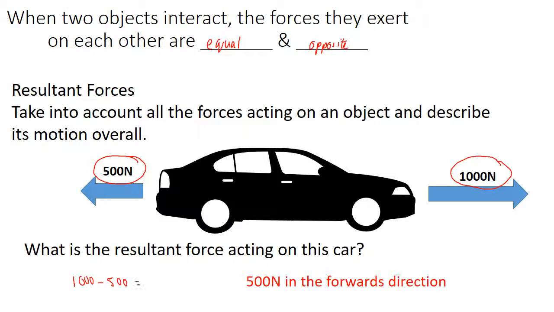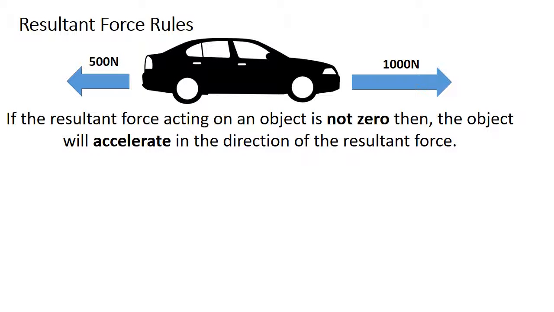You get that because you take the larger value and take away the smaller value, and then that gives you overall the remaining forces acting on the car. So in this example, you've got 1,000 newtons of thrust, but you've got 500 newtons of drag pulling it backwards.